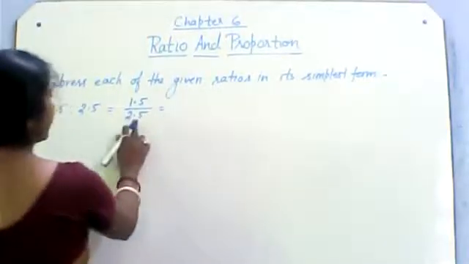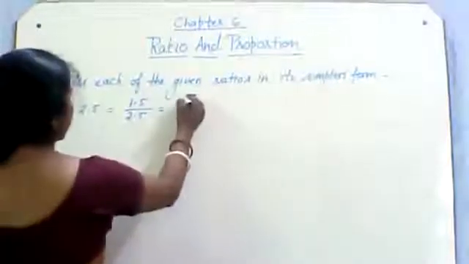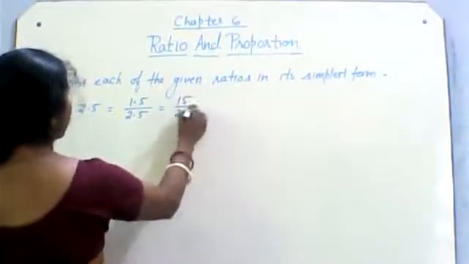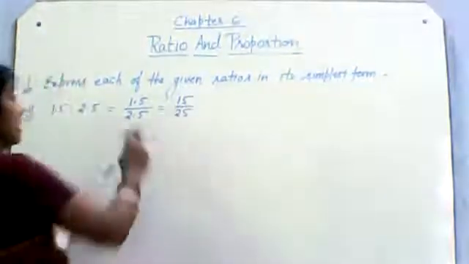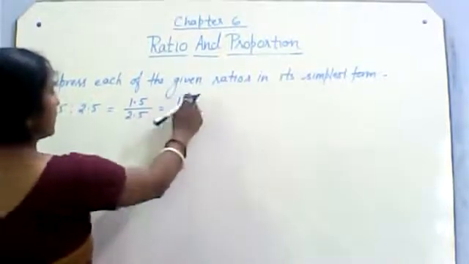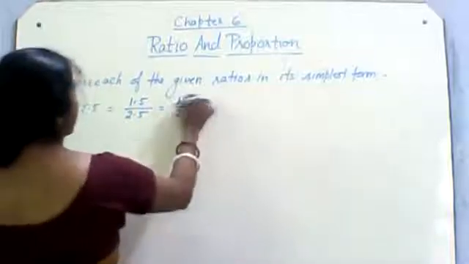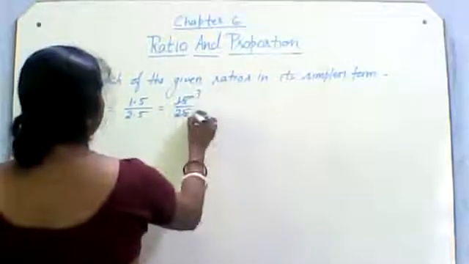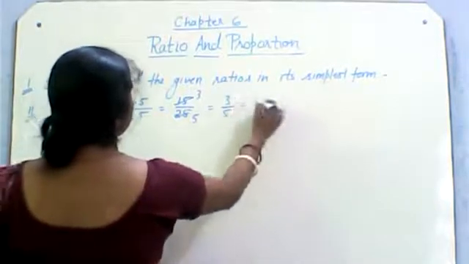After the decimal there is 1 digit here and 1 digit here also, so we can remove it by multiplying by 10. I am not going to show that, but you know very well. So 1.5 upon 2.5, the decimal will be removed, 15 by 25 will come. Then cancel it by 5. 5 3s are 15, 5 5s are 25. So what is it? 3 upon 5, which is equal to 3 ratio 5.